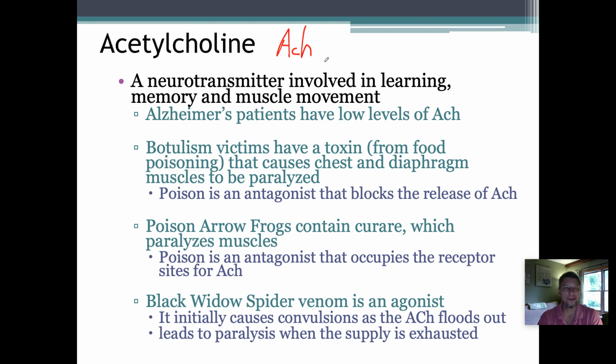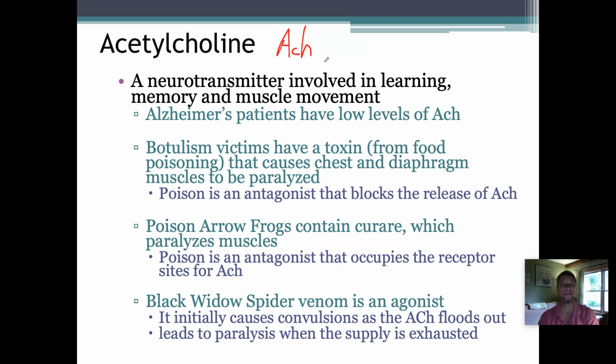Botulism. This is essentially food poisoning. All right, but there's a toxin, a poison from food poisoning that causes your chest and diaphragm muscles that help you breathe to be paralyzed.